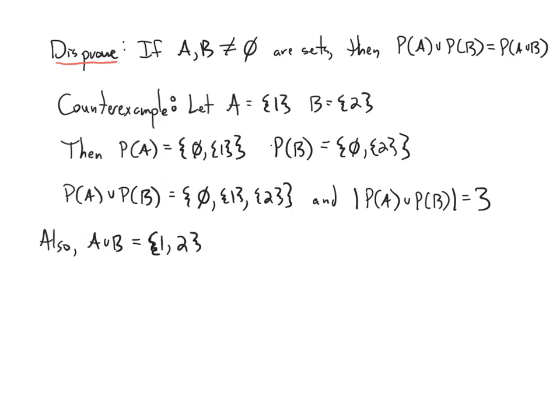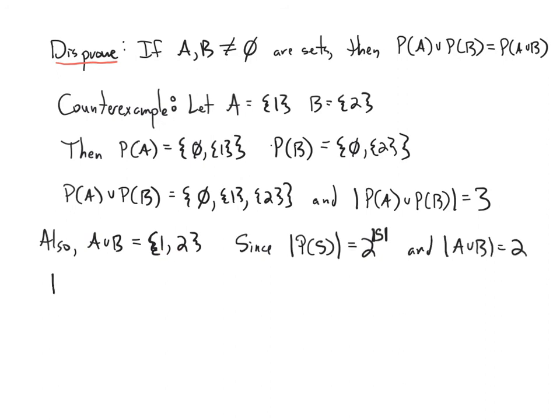But I know that the size of the power set of some set S is 2 to the cardinality of S. We know that the cardinality of A union B is 2, since there are 2 elements in it, 1 and 2.